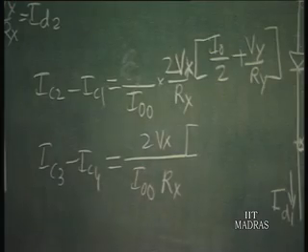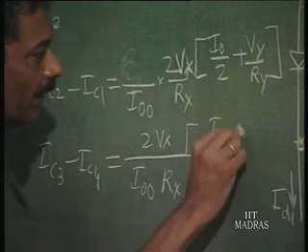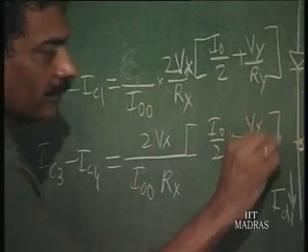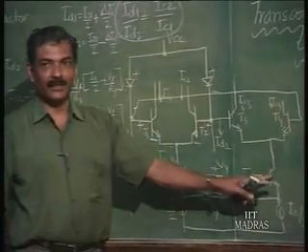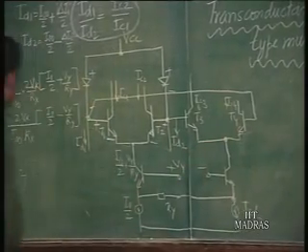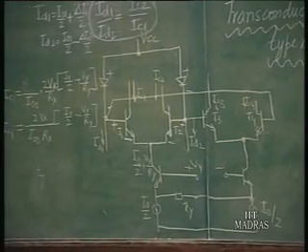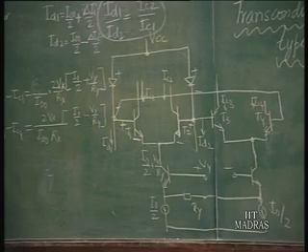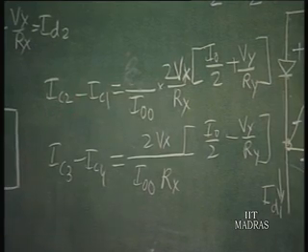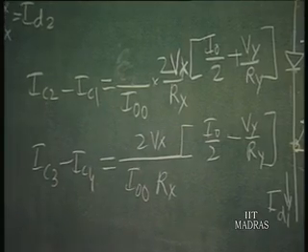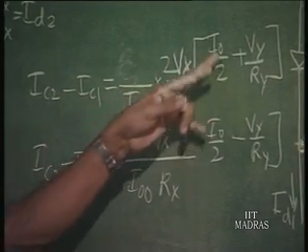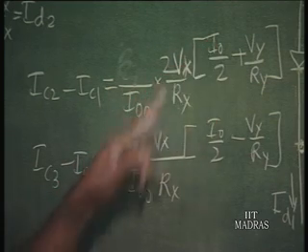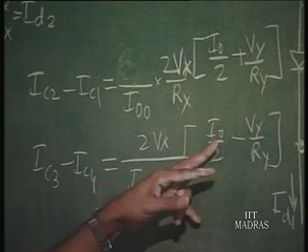Only thing is here it will be I naught by 2 minus Vy by Ry, because this current source current is different. So, you can see here that in this whole arrangement we have the product that is got, but the only trouble is that there is some feed through component of Vx in the output here.